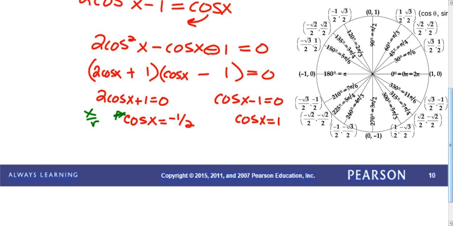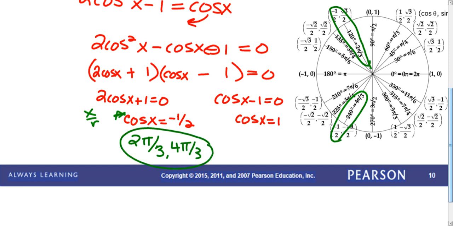So I'm looking for the places where my x value is negative 1/2. That happens right here. My x value is negative 1/2. And it also happens right here, where my cosine value is negative 1/2. So that will be 2 pi over 3 and 4 pi over 3.